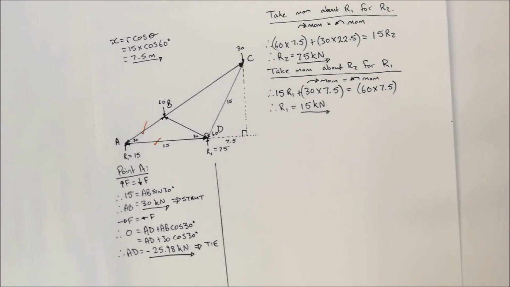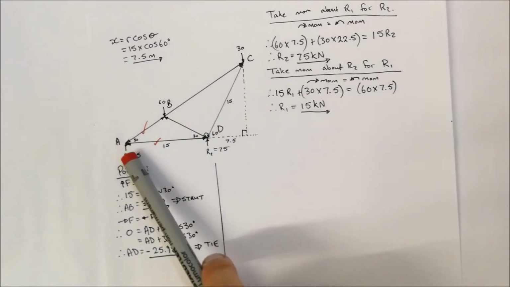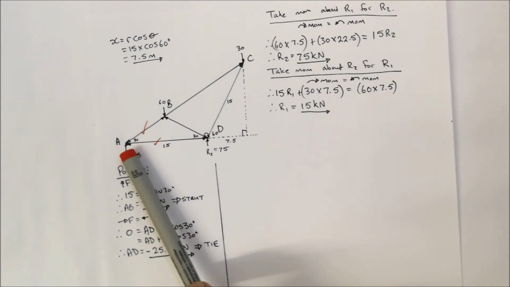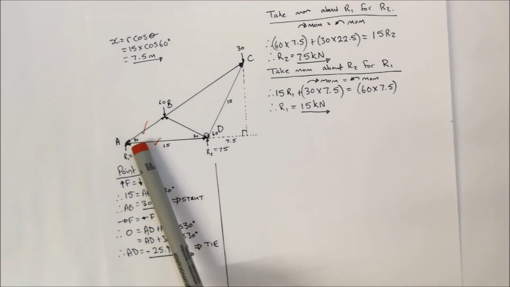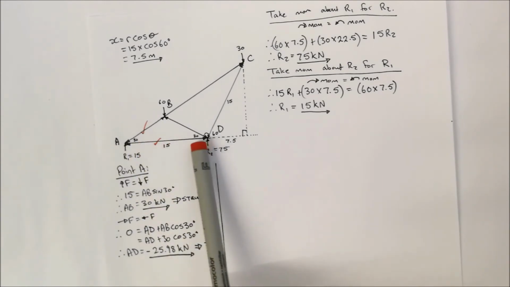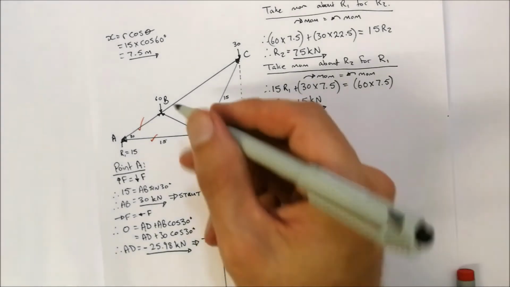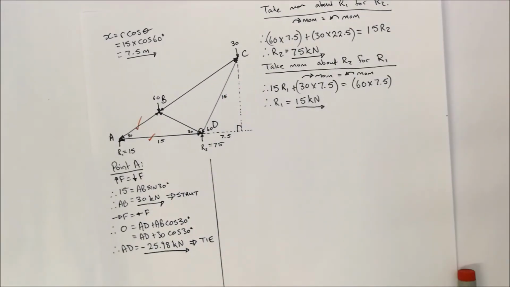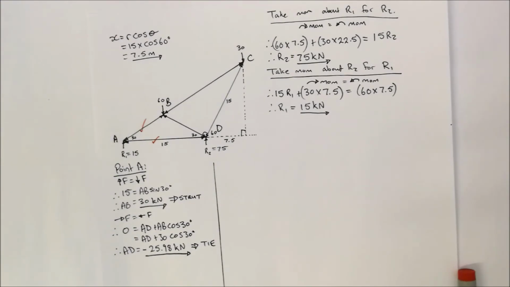If we look at, let's say, point B, we've got the upward force of AB, which we know, we've got the upward force of BD, which we know, but we've also got this downward force over here of BC, which we don't know. So there's two unknowns.